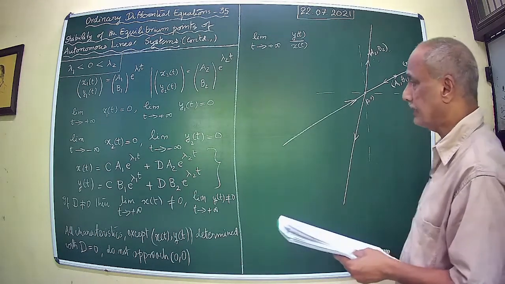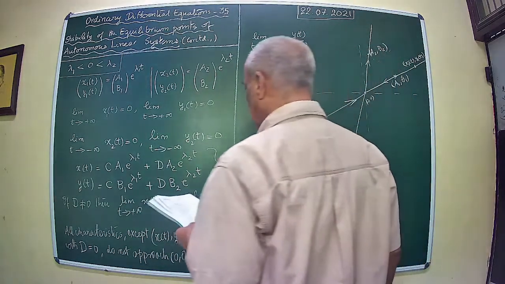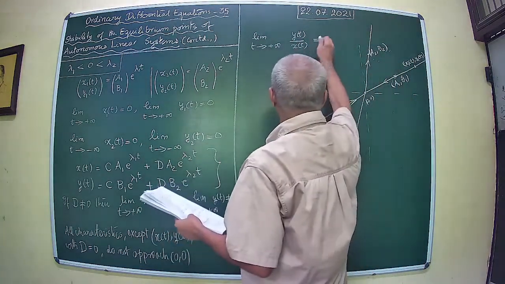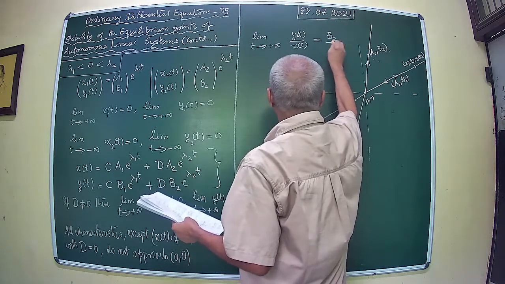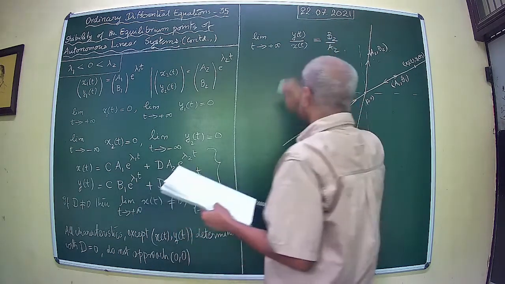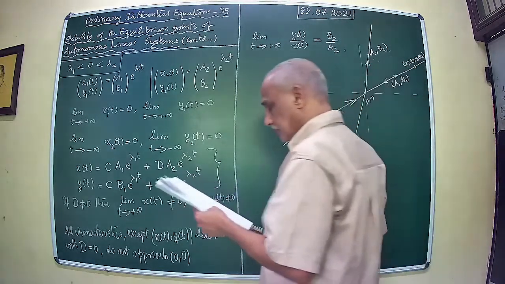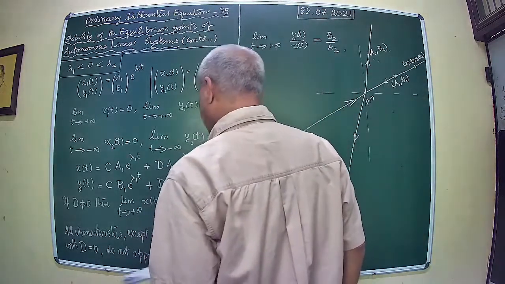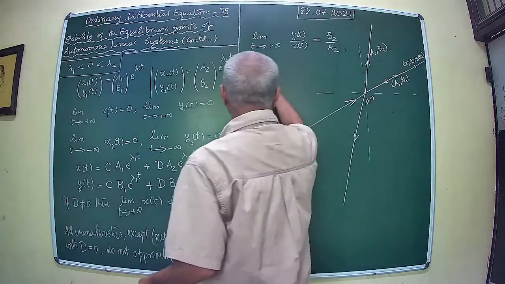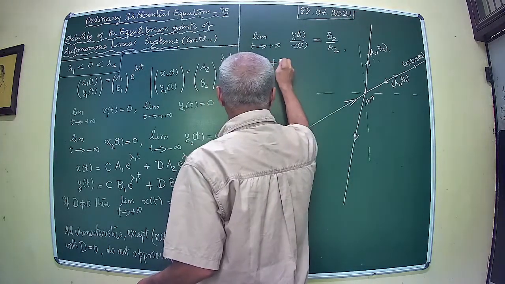You can show that this is equal to b2 by a2, assuming that d is not equal to 0.